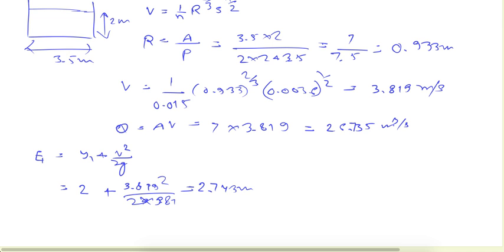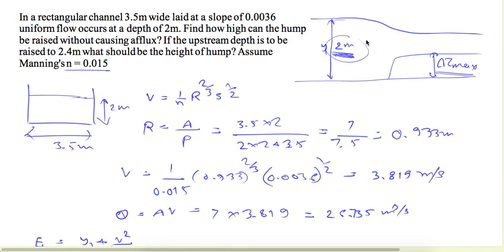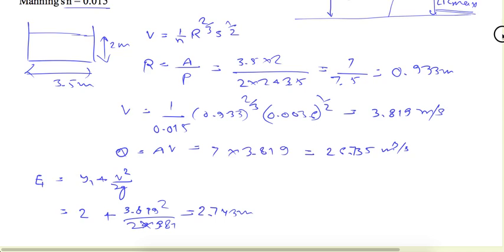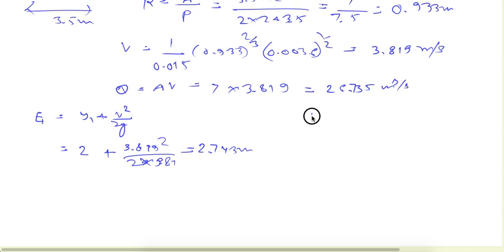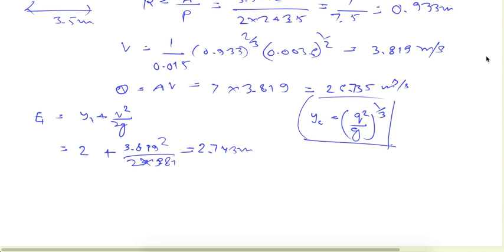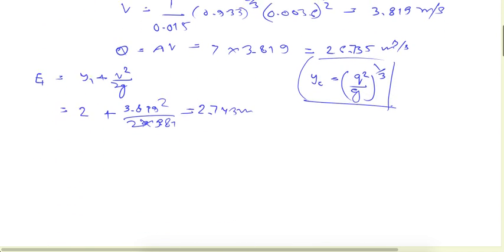And for the maximum height of hump, we know that this maximum height will occur when the flow over the hump is at critical depth. So for critical depth, we know yc is equal to q square upon g to the power 1 by 3, and small q remains the same because the width of channel is the same at both the sections.